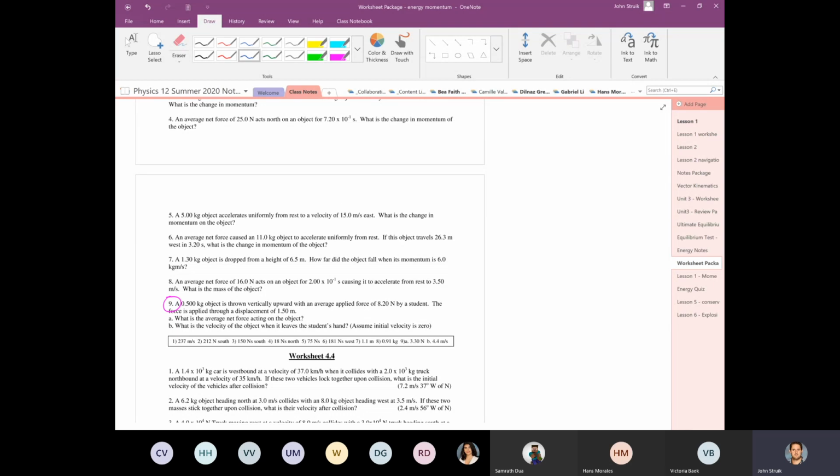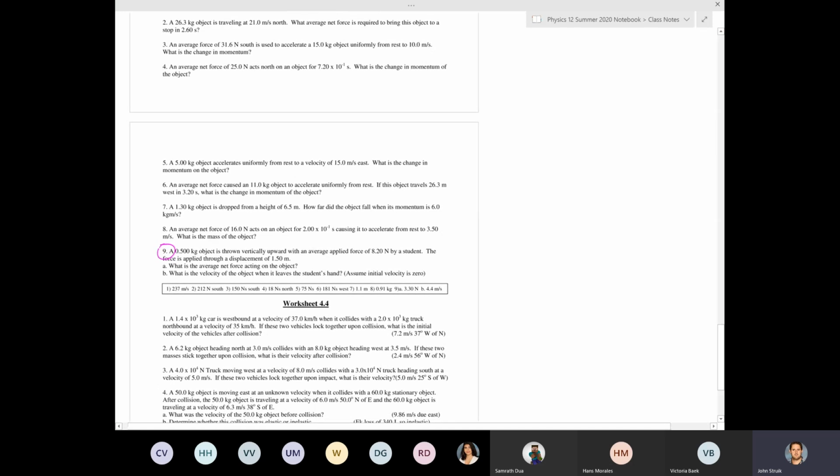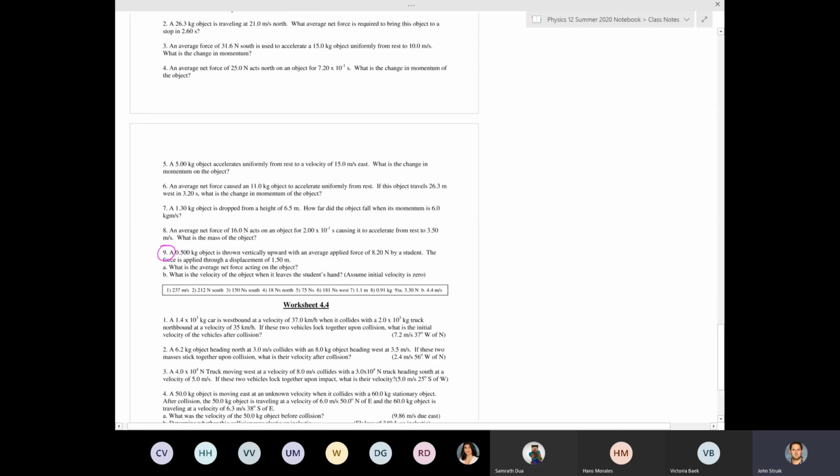Okay, a 0.5 kilogram object is thrown vertically upward with an average applied force of 8.2 newtons by a student. The force is applied through a distance of 1.5 meters. What is the average net force acting on the object?